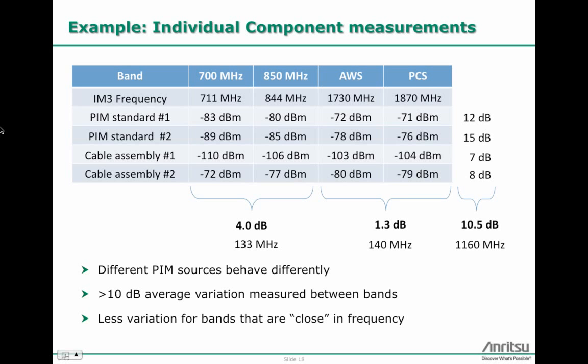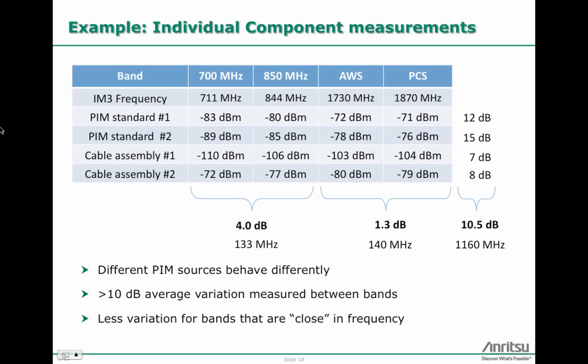But as you can see, the PIM standards, the things that are constructed with a diode inside to intentionally generate PIM, across the full frequency spectrum, they're varying between 12 to 15 dB as far as the magnitude of the IM3 that's generated by the particular nonlinearity. And when I look at the two cable assemblies, I'm getting 7 to 8 dB of variation between the two cable assemblies.